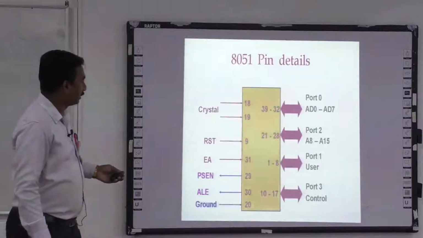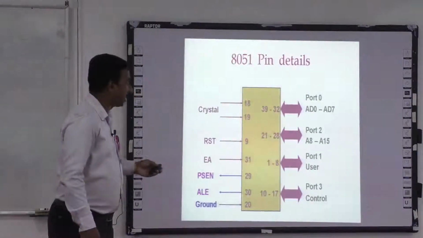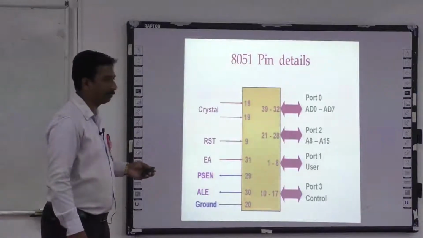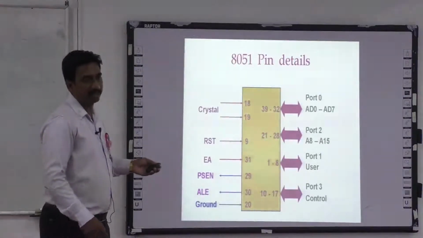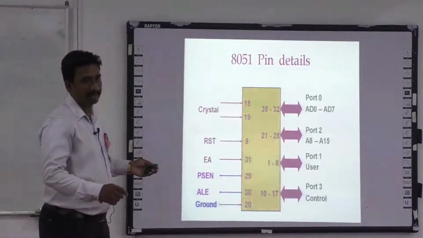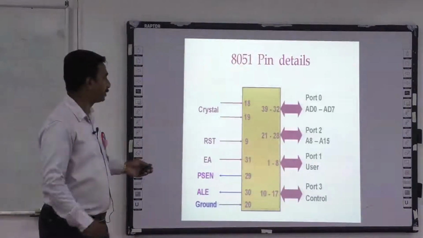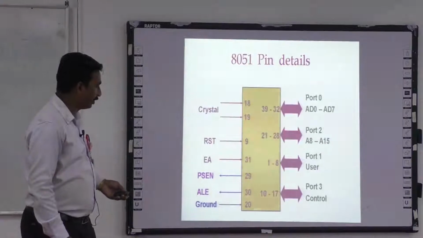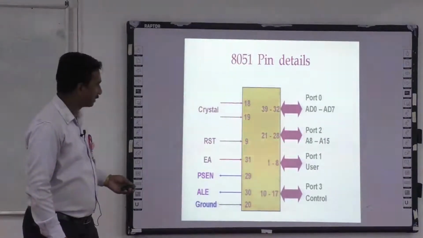And next one is the crystal, and the crystal is the heart of any microprocessor or microcontroller, and that gives the rhythm of frequency by which the system gets its speed. And these are all control signals, with which we can use external memory.